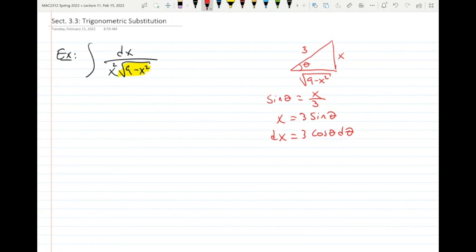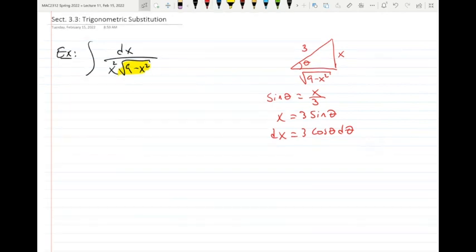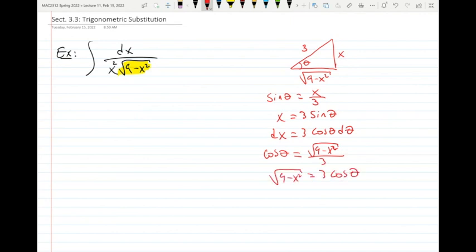And lastly, I need a substitution for the square root. The triangle tells you. So I can use, what is it? Cosine, right? So cosine of theta is adjacent over hypotenuse. So that means the square root of 9 minus x squared equals 3 cosine theta. Yes?